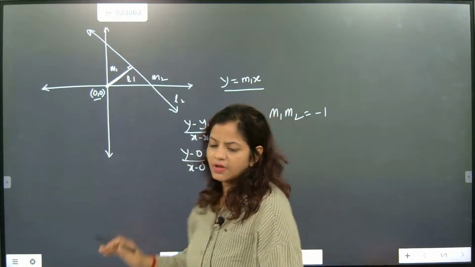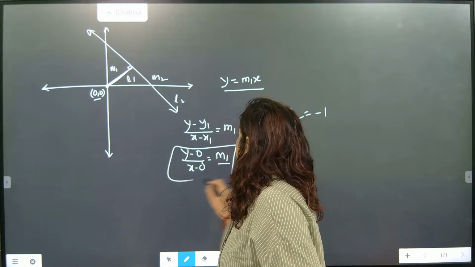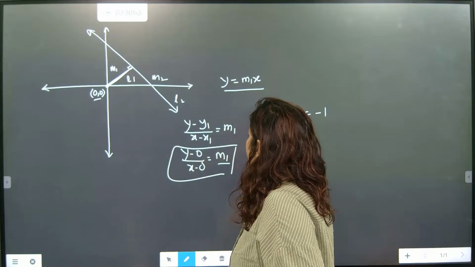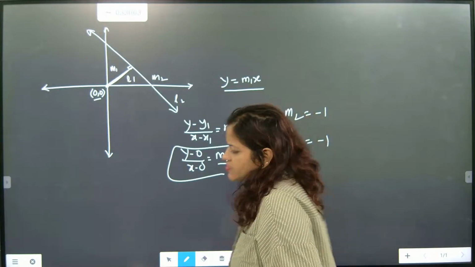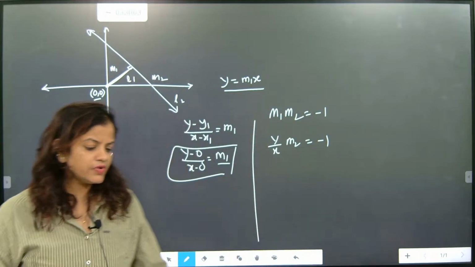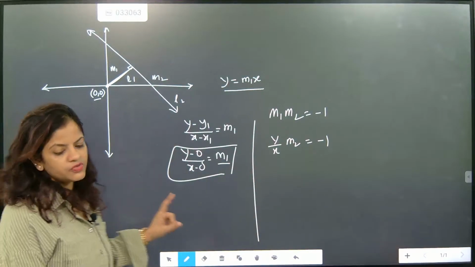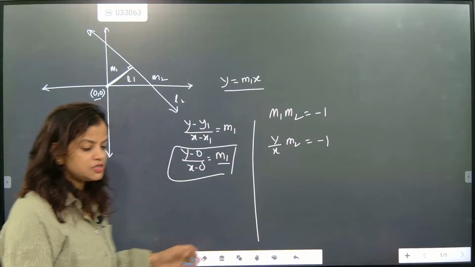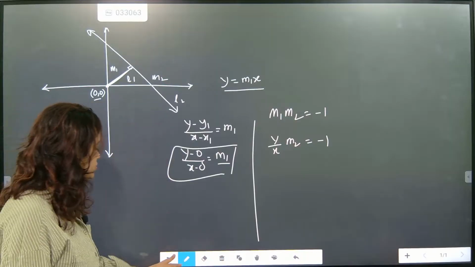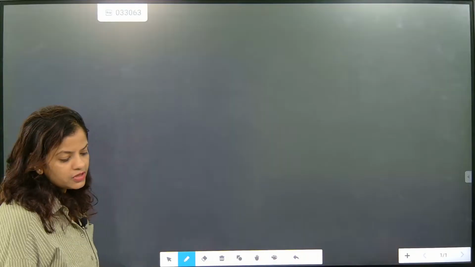If somebody gives you this equation, M1 is this one. With the help of this M1 we can write M2, and the slope of the second equation can help to generate the equation also. These are some things we must remember. One more important thing I'm going to teach a few minutes later, because we need to solve some questions based on this, and then we will go to the next section.